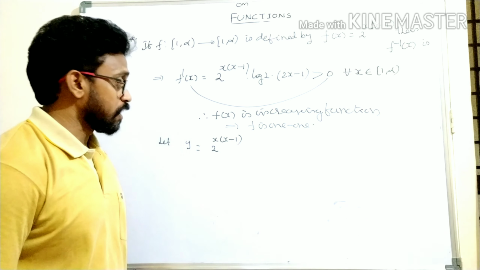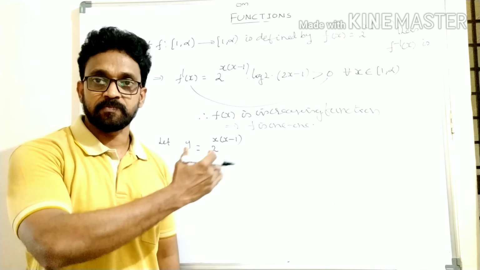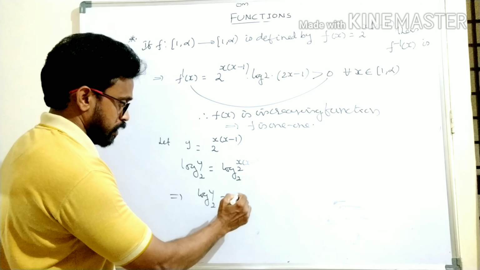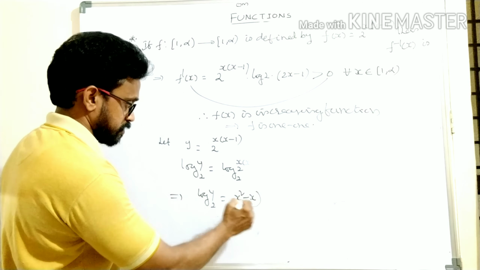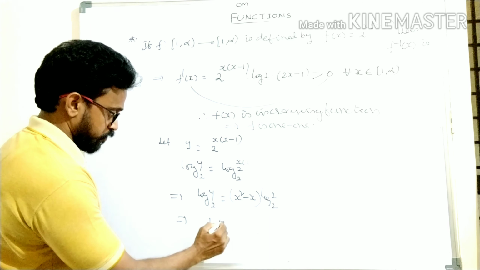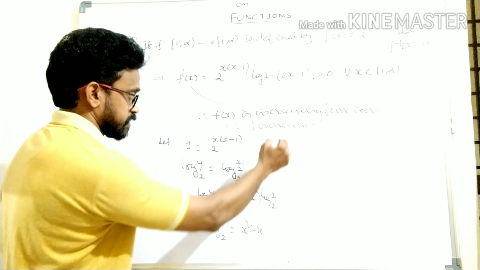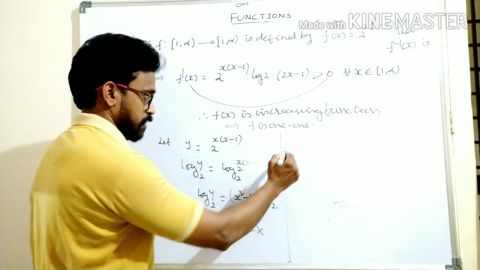Using logarithms, taking logarithms on both sides with base 2: log y to the base 2 is equal to log of 2 power x into x minus 1 to the base 2. Then log y to the base 2 is equal to x square minus x into log 2 to the base 2. That implies x square minus x minus log y to the base 2 is equal to 0.